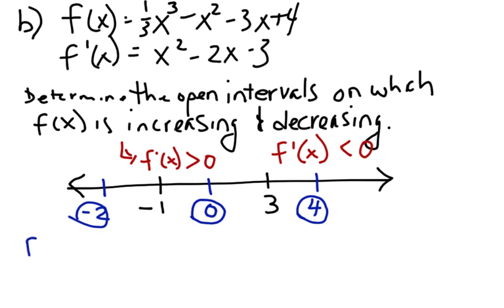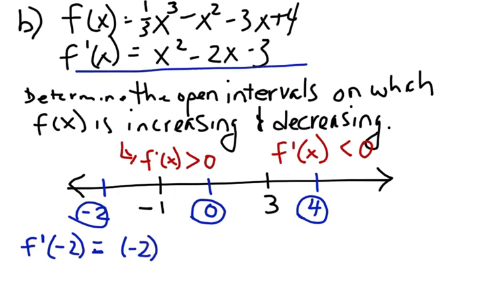I'm going to take f prime, which was my derivative, of -2, and find out if this is a positive or a negative number. So I'm going to plug -2 into my first derivative function from above. -2 quantity squared minus 2 times -2 minus 3. Be sure to use adequate parentheses to make sure everything comes out correctly.